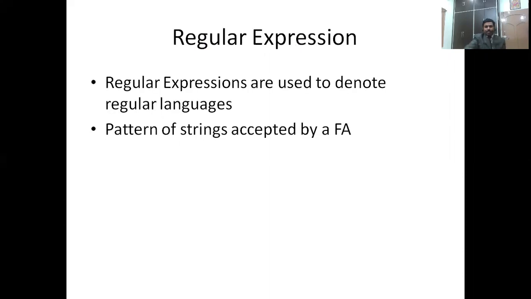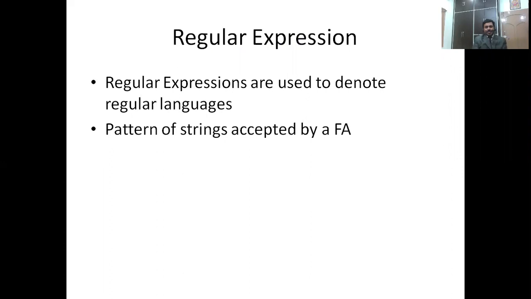Regular expressions are used to denote regular languages. We have many machines in theory of computation. We start with DFAs, NFAs, followed by NFA with epsilon moves, then PDAs, LBAs, and finally we reach Turing machines. Every machine will have a language.